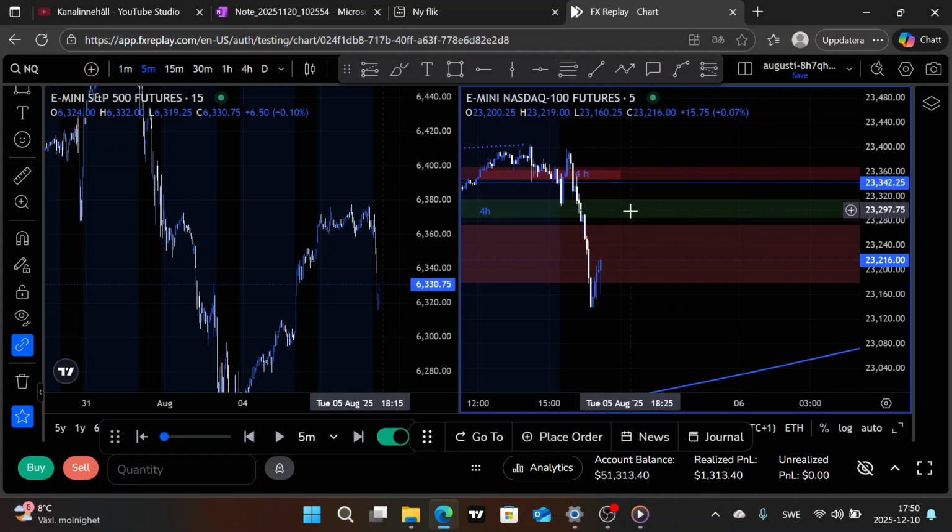This looks like a manipulation, I guess, but still not sure, because if this bullish valley gap gets disrespected, this bearish valley gap gets disrespected, we go lower and then we go higher.